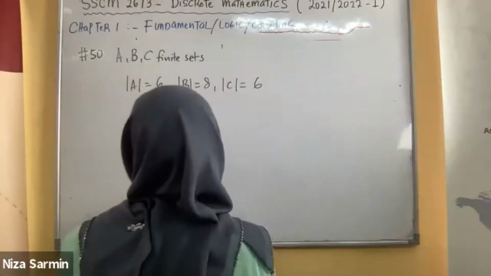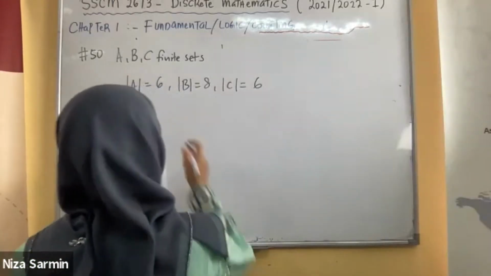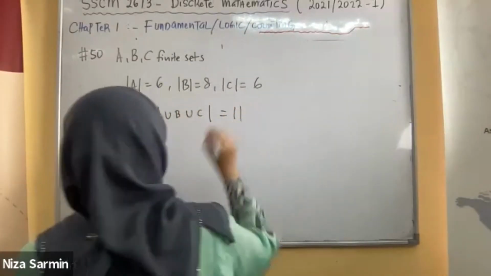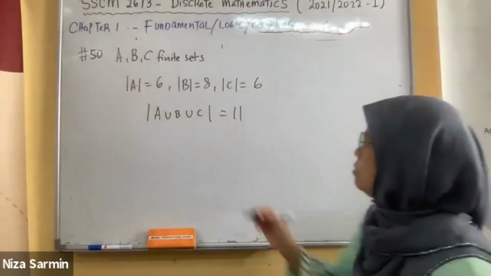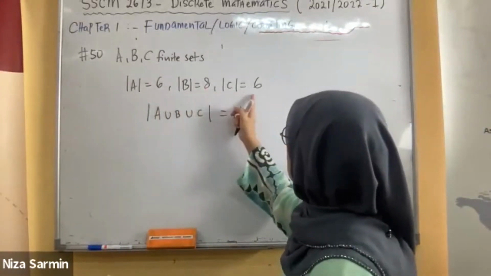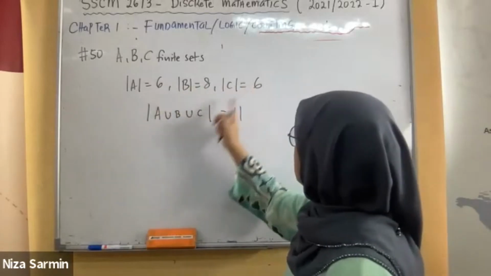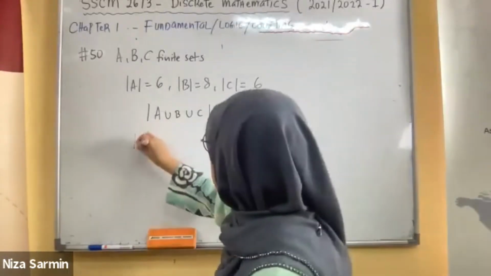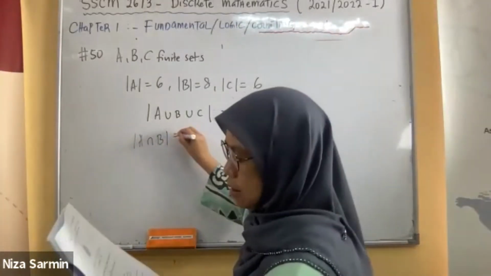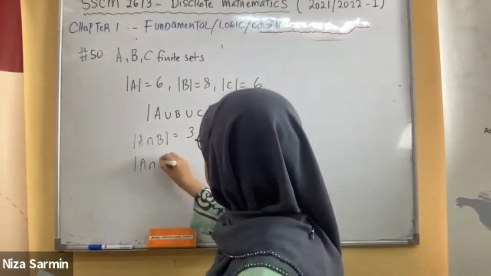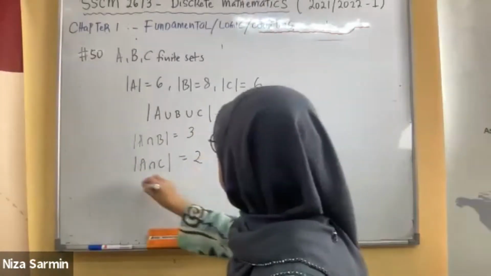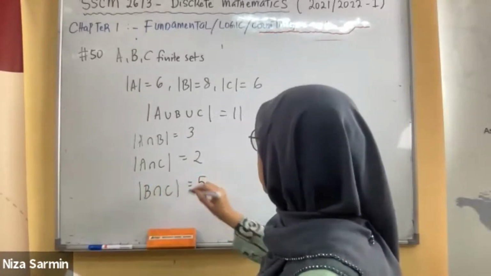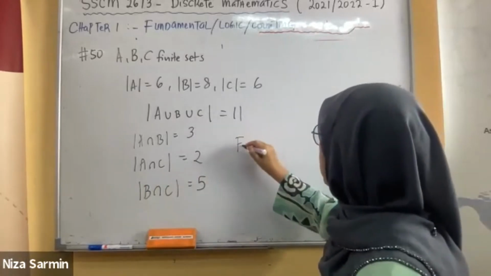A is 6, B is 8, C is 6. The union is 11. When you add, you get 20, right? But the union is 11, meaning there is intersection. Okay, A intersect B is 3. A intersect C is 2. B intersect C is 5. Okay, fine.